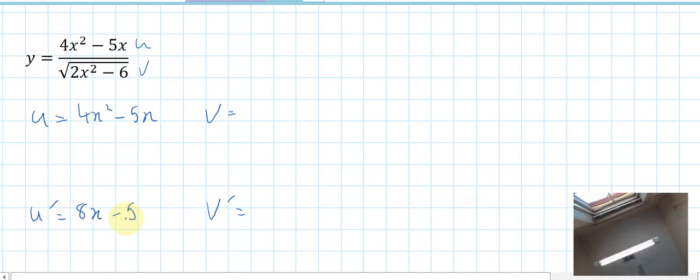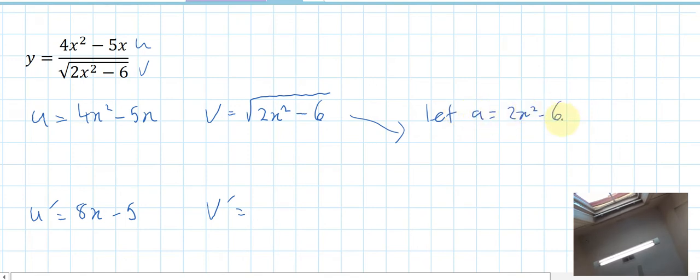That's not too bad. V is the square root of 2x squared take 6. V dash is more complicated. You should be recognizing that this requires chain rule. Let a equal 2x squared take 6. Therefore, V equals root a.